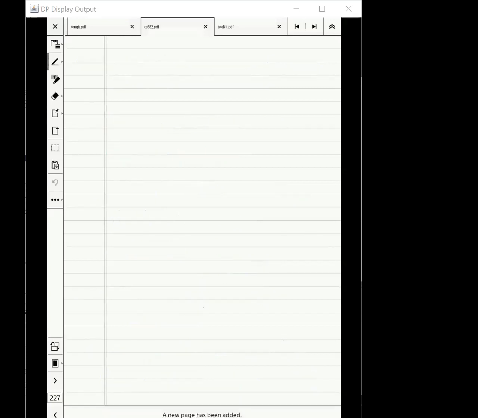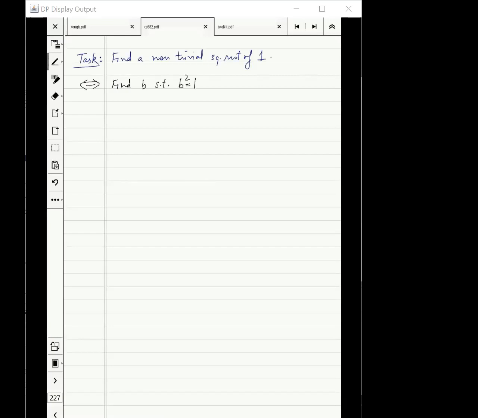Now, our task has been substantially reduced. What is our task? We want to find a non-trivial square root of 1, which means we want to find b such that b square is equal to 1 and b is not equal to plus minus 1.